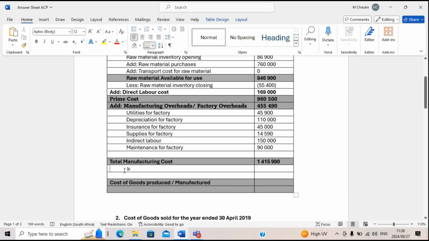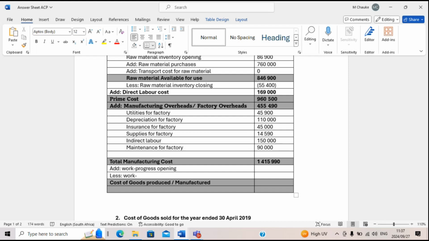Okay, and then after that we need to calculate the cost of goods produced or manufactured, right? In order for you to calculate the cost of goods manufactured, you have to say total manufacturing cost, you add work in progress opening, and then you less work in progress closing.